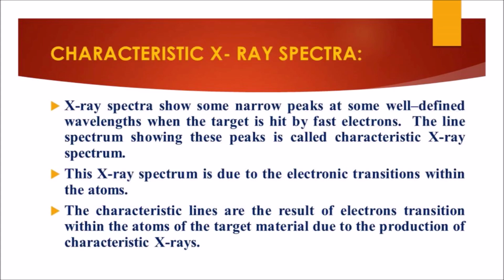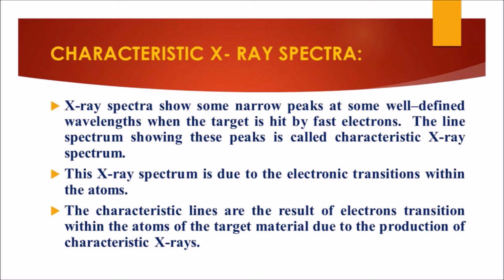And the second part of the X-ray spectra is the characteristic X-ray spectra. The X-ray spectra show some narrow peaks at some well-defined wavelengths when the target is hit by fast electrons. The line spectrum showing these peaks is called the characteristic X-ray spectrum. This X-ray spectrum is due to electronic transitions within the atoms.